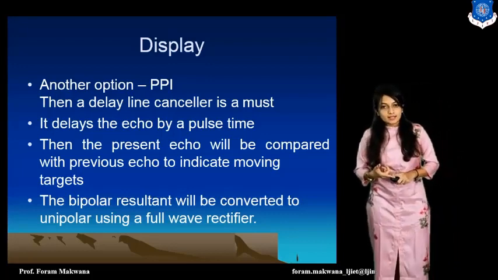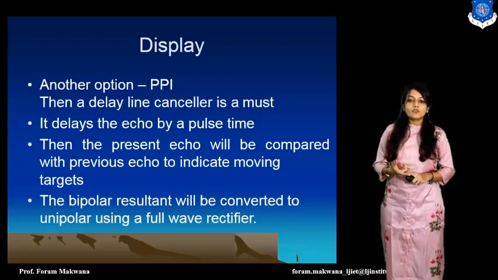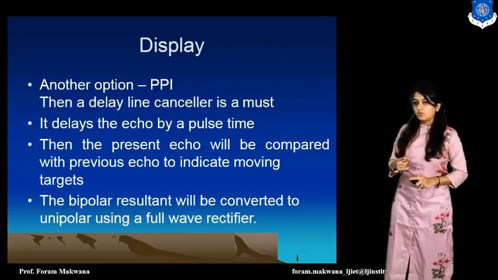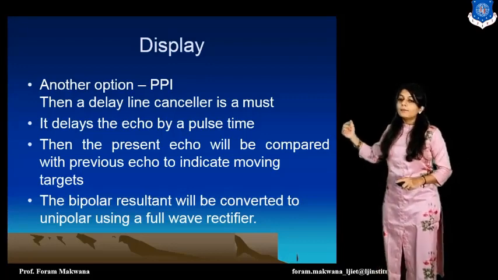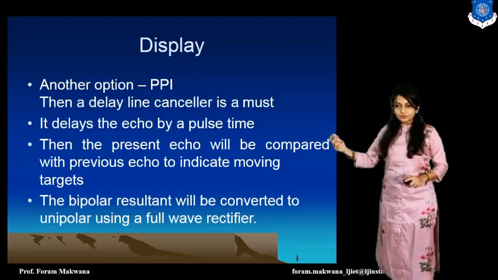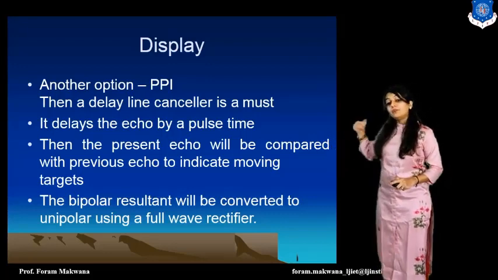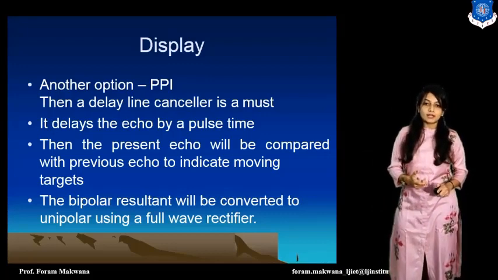Because a delay line canceller will reduce the effect of echo signal from the stationary target, right? Also, it delays the echo by the pulse time. So the present echo will be compared with the previous echo. Why? Because we need to indicate the moving target. Alright?